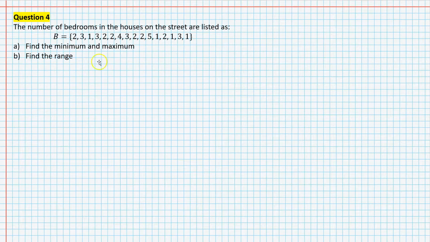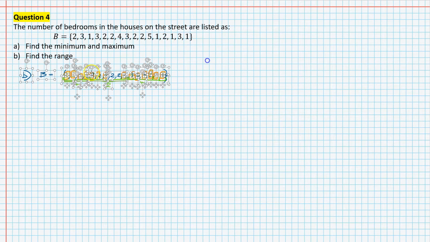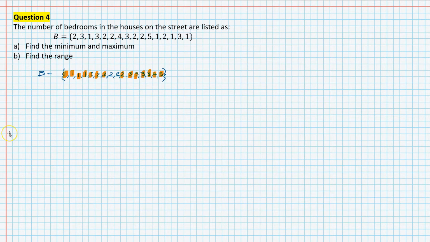Now next question, a bedroom question, find the minimum and maximum, then find the range. Well, for this one we'll order it. By ordering it, I mean we'll go over here and we'll take the calculation from before. Cool. And therefore our minimum is this one over here, and the maximum is going to be the biggest number in the data there.